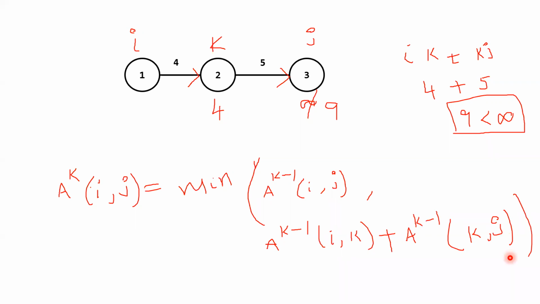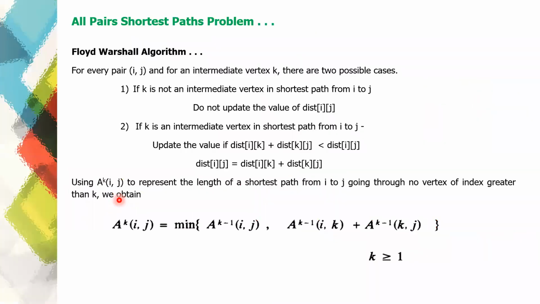This is your first value, the current distance between i and k plus the current distance between k and j, and this is the current distance between i and j. Whichever is the minimum value, that will be the new distance value from node i to node j. So this is the formula. And these are the two cases when you are going to update the distance between i and j, and when you are not going to update it.